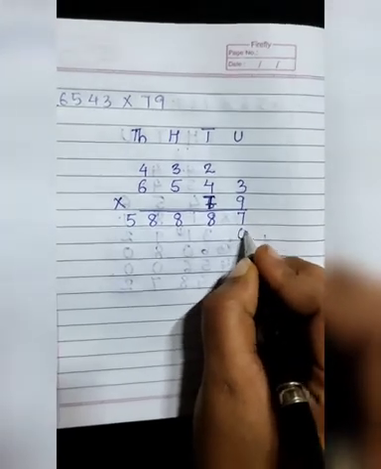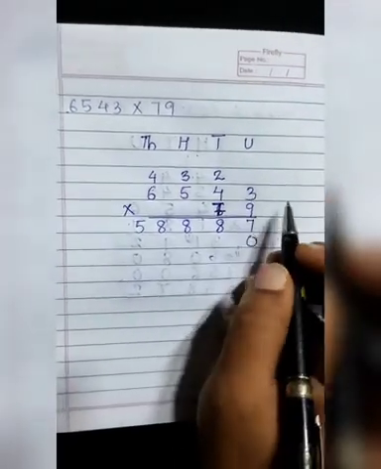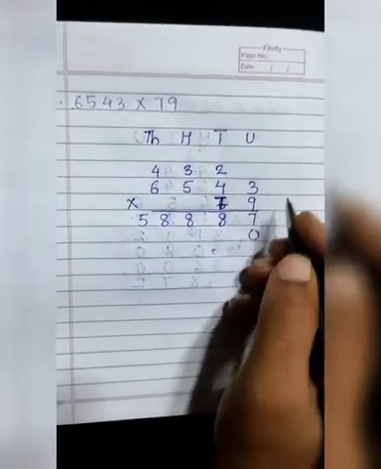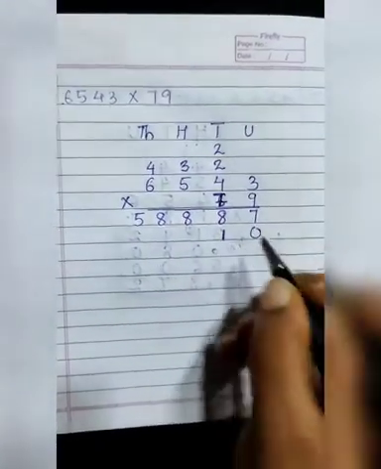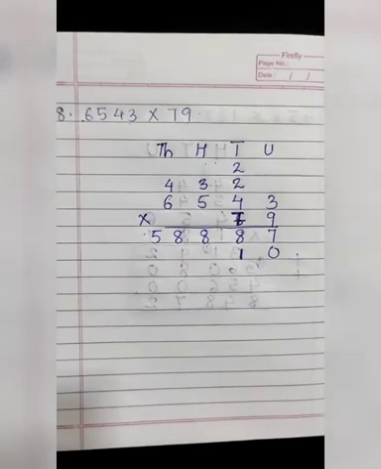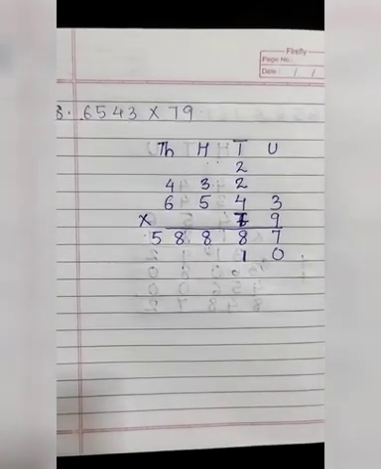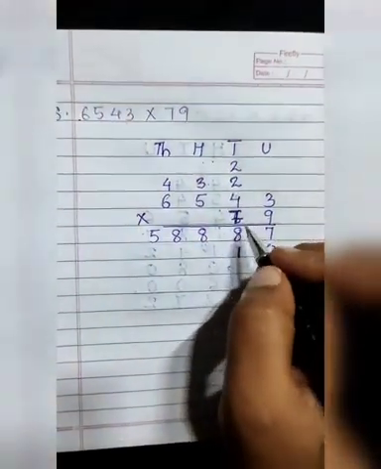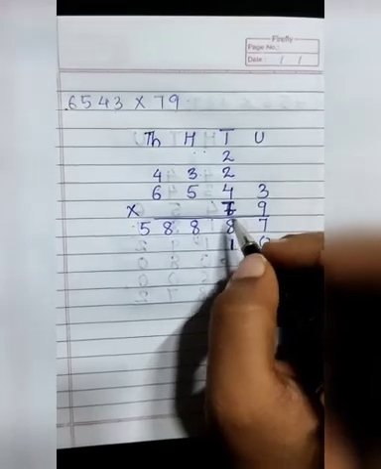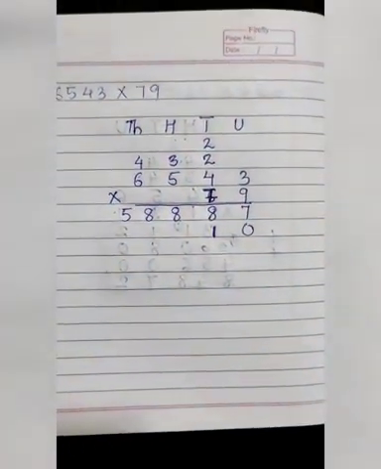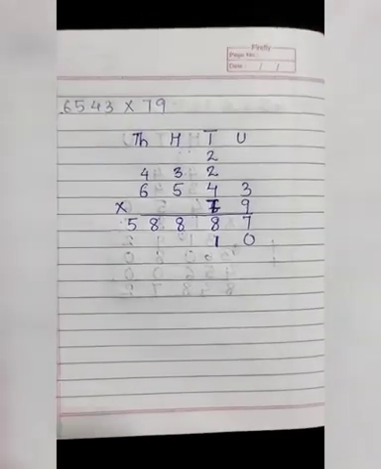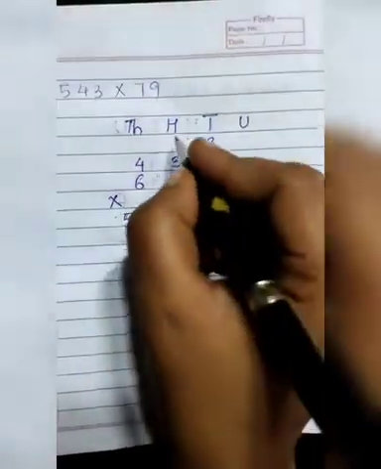Now 0 over here. 7 threes are how much? 21. So 2 we will write here and 1. 7 fours are 28. Plus 2 will be 30.